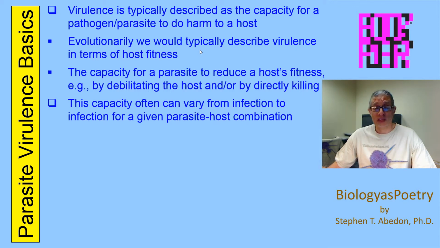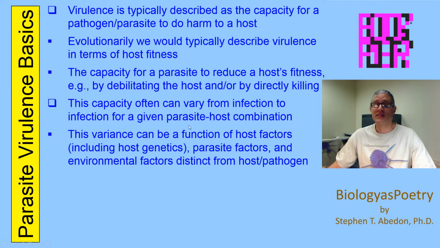Therefore, there is variation in the parasite population. There's phenotypic variation, that is in terms of the level of virulence, and therefore in principle there can be evolution by natural selection acting on that virulence. And if there is a level of virulence that gives rise to a higher potential for the parasite to reproduce and be transmitted to new hosts, then you would expect natural selection to favor that level of virulence.